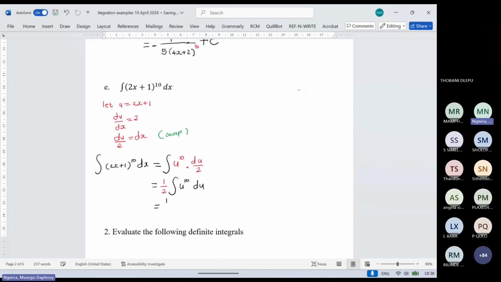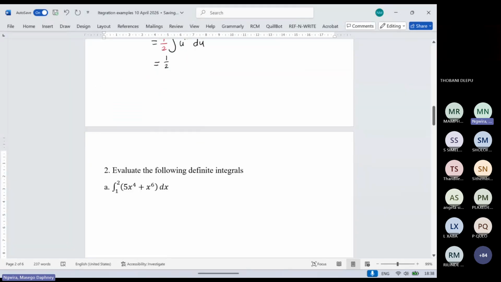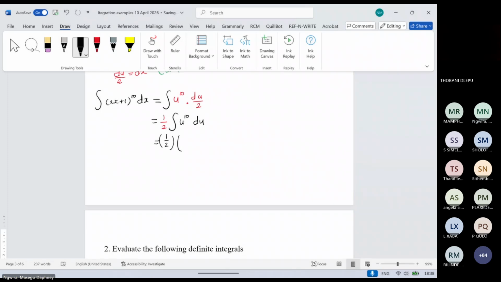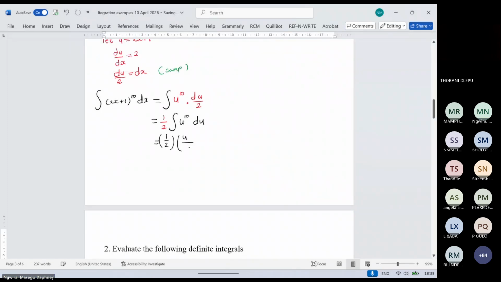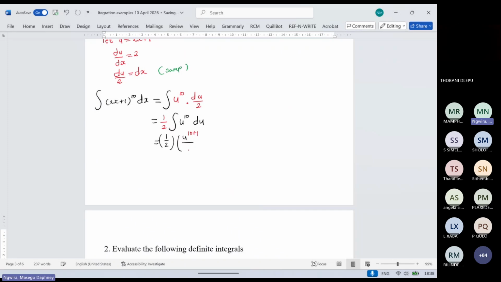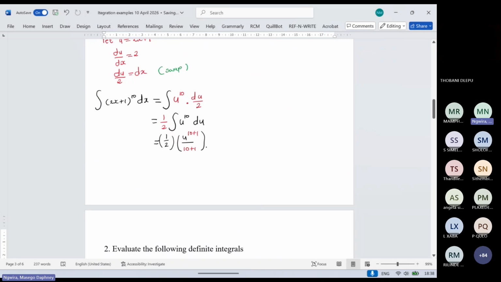So this will just be 1 over 2, and then the integral of u to the power of 10 is going to be, let me say times here, you can use brackets if you want, u to the power of 10 plus 1, over 10 plus 1, the very same 10 plus 1, and then plus c.